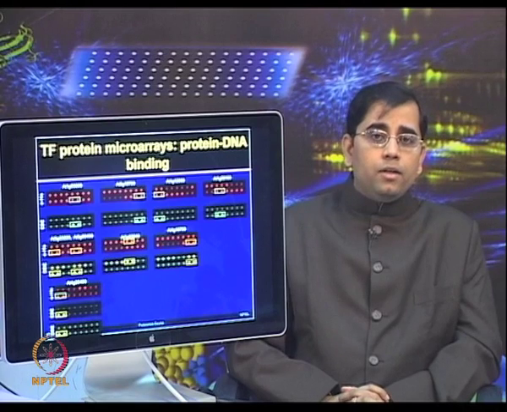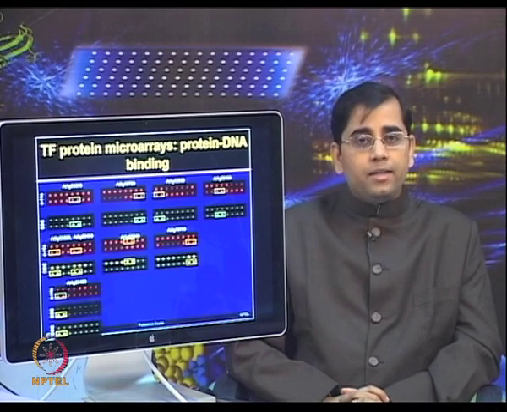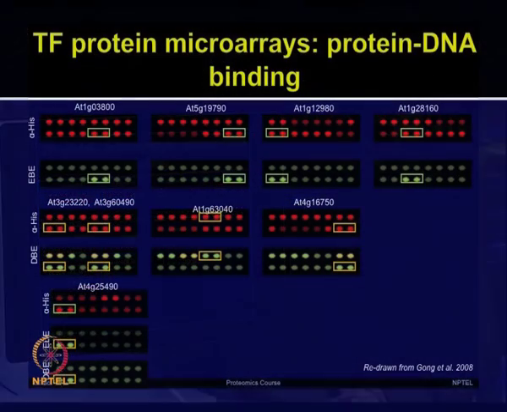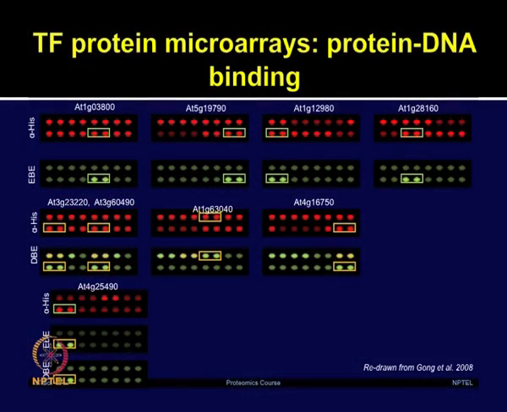Now, based on the protein-DNA binding interaction study, as you can see in this slide, the authors examined AP2/ERF family transcription factors and their cognate cis elements, and they reported that the protein microarrays provide a very efficient and high-throughput platform for genome-wide screening of transcription factor-DNA interactions.